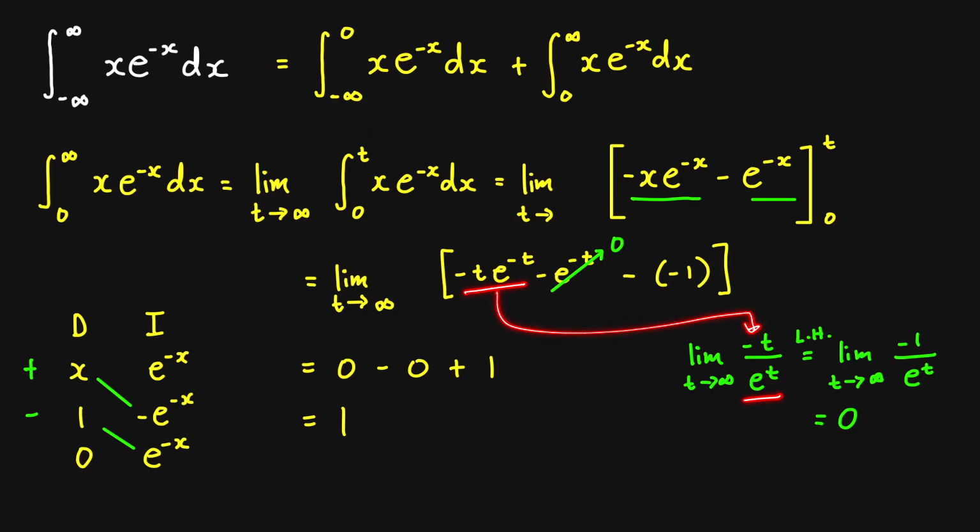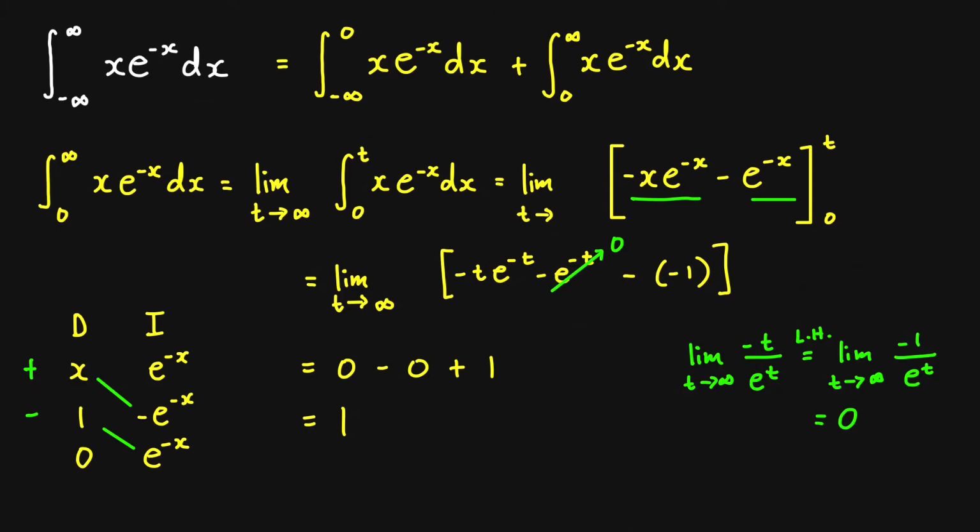And as t approaches infinity, this has an indeterminate form infinity over infinity. Of course, the numerator goes to negative infinity, but we say that that is of type infinity over infinity.